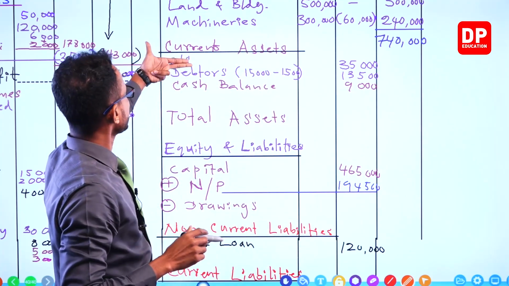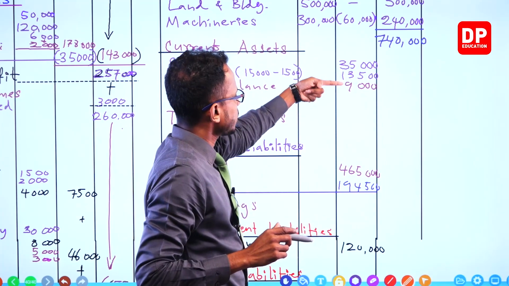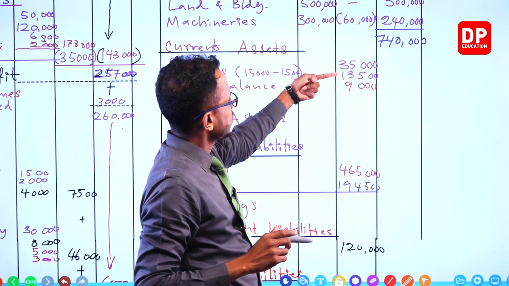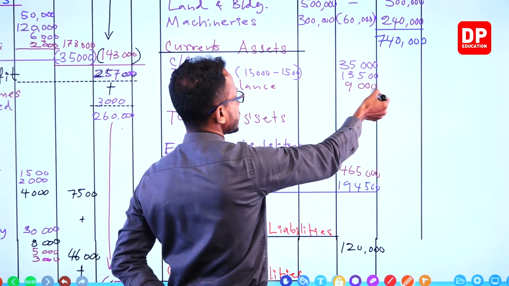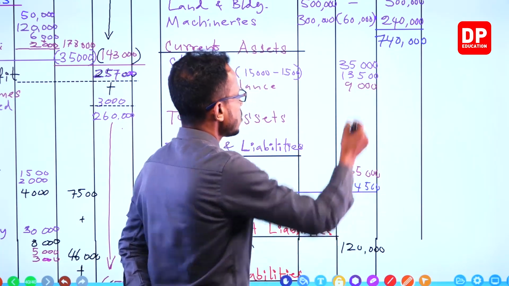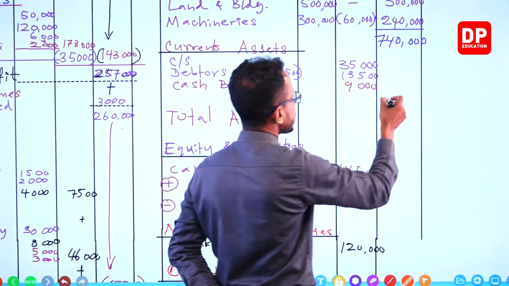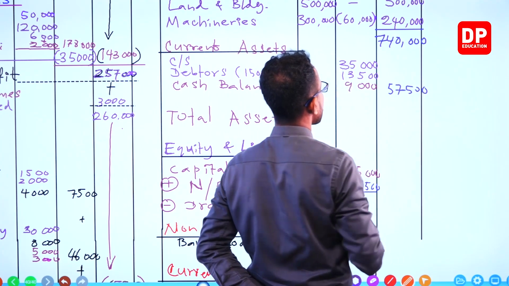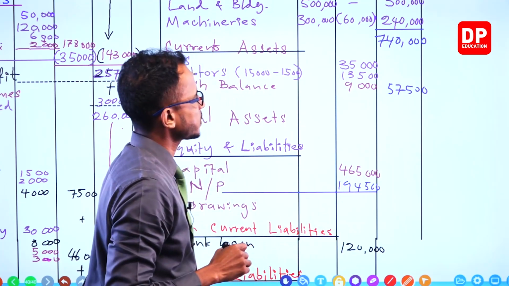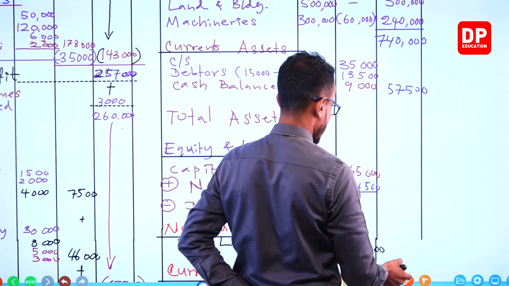Then current assets, 35 plus 9,000. I'll add these two first. 35 plus 9, it's 44. 44 plus 13,000, 57,500. 57,500 for current assets.